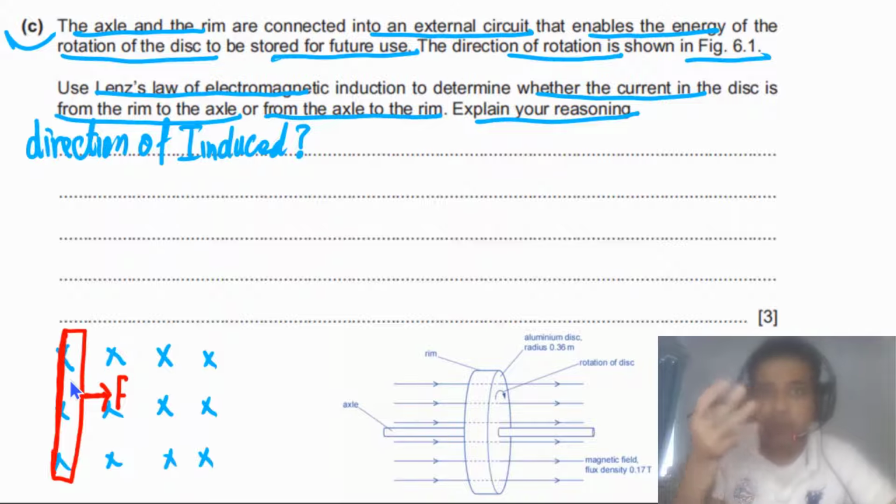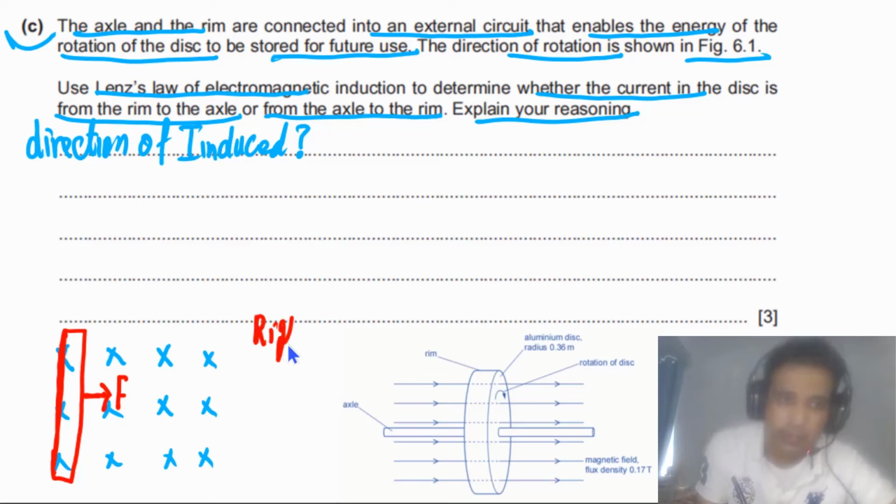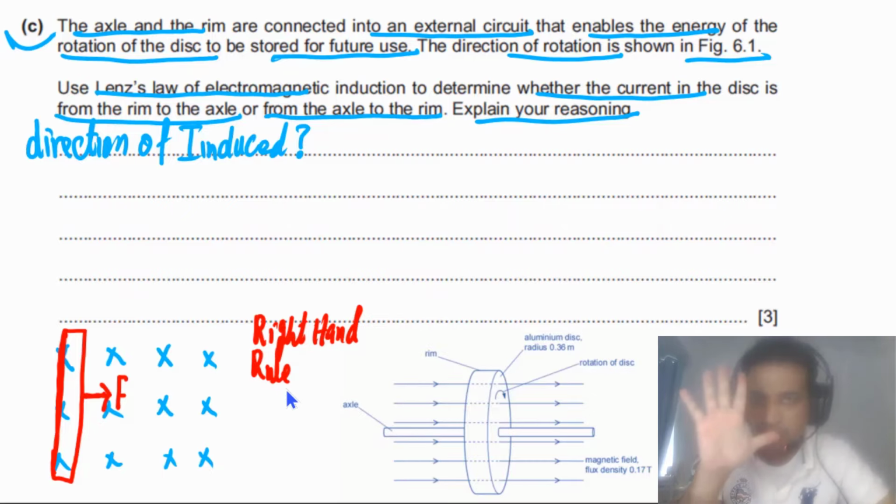And also we can find out the direction of induced current by using the right hand rule. This one is the right hand because this is the generator effect. You have to use the right hand rule for a generator, and for the motor effect we use the left hand. That difference also you need to understand.